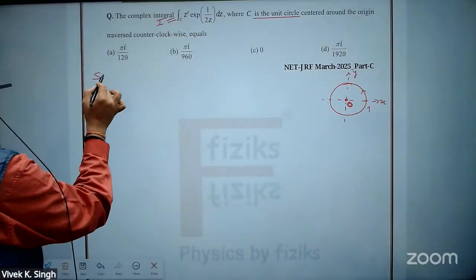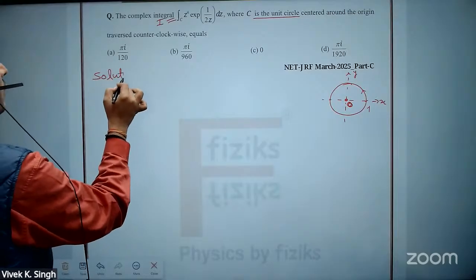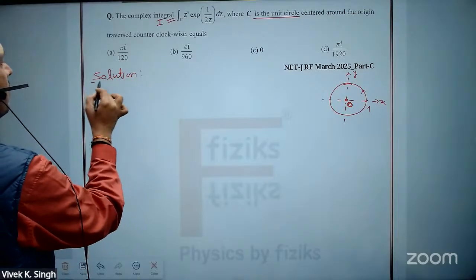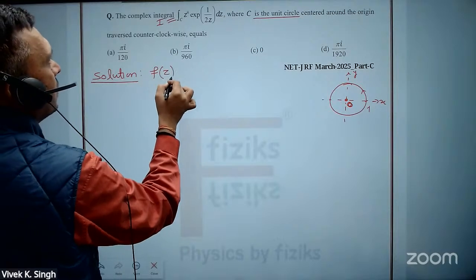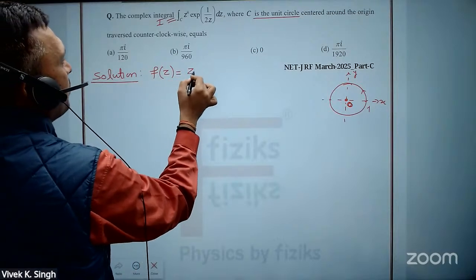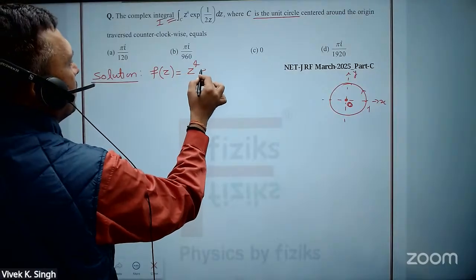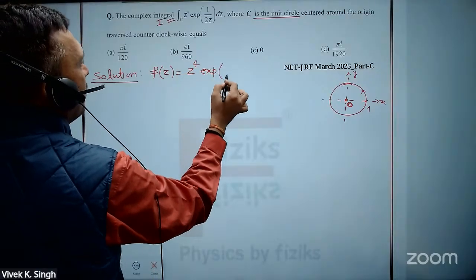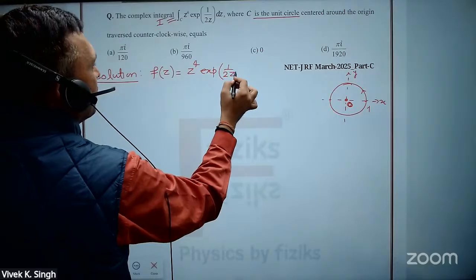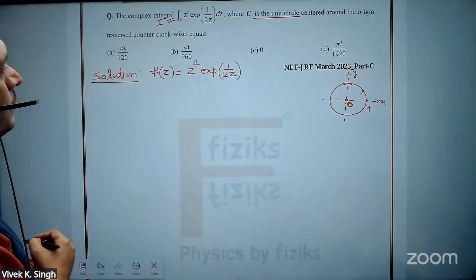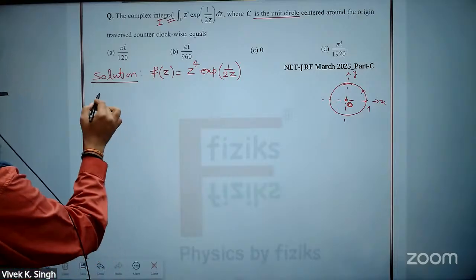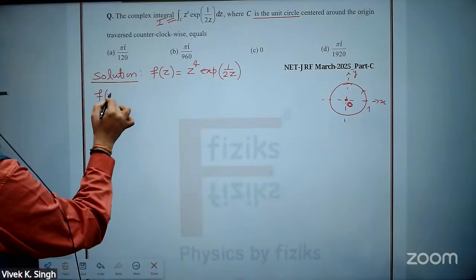Now consider the function f(z) is z power 4 exponential 1 by 2z. So let us first write the expansion of this function.